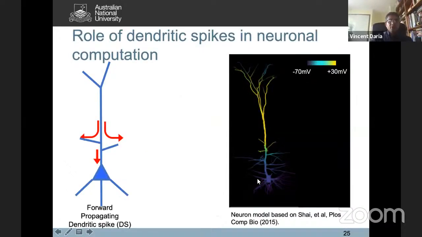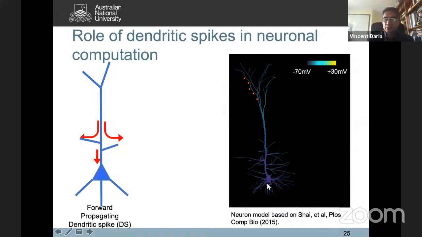And the question we're looking at now, instead of inputs, is how the signal is propagating along the dendrites during an input. So when a neuron sees an input here, parts of it will depolarize. This is the change in the color, and it will propagate towards the soma.